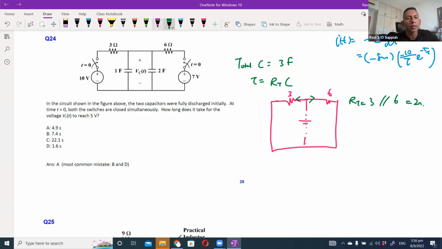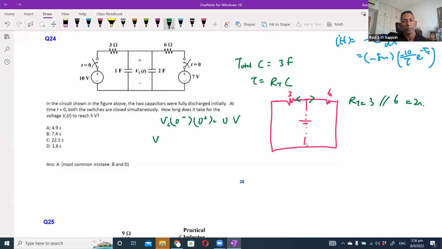Since the circuit is open, prior to anything, there is no current flow, and the capacitor is fully discharged. So VC at 0 minus and 0 plus is both equal to 0 volt. There's nothing there.